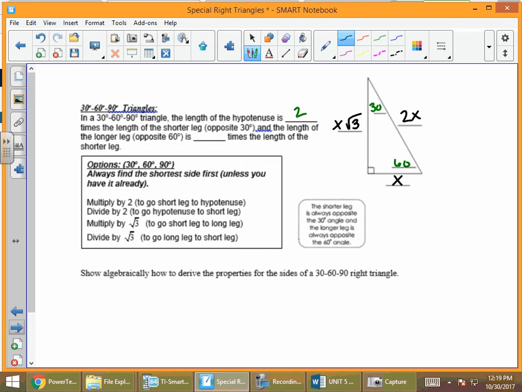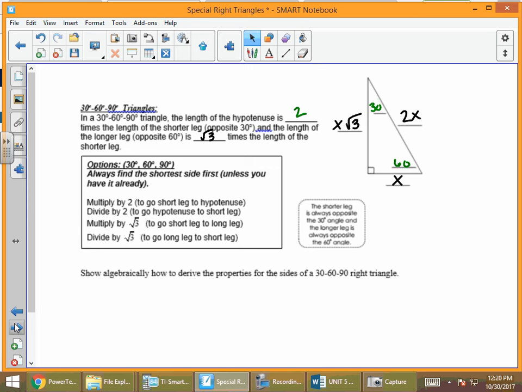Radical 3. So similar to 45, 45, 90 right triangles, if you're going from small to big, are you going to multiply or divide? Multiply. So if you're going from small to big, you're multiplying. So go from the short to hypotenuse, multiply by 2.